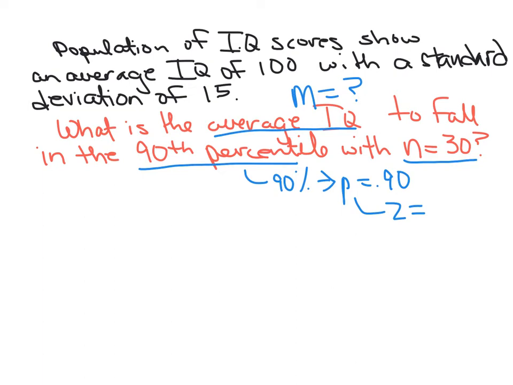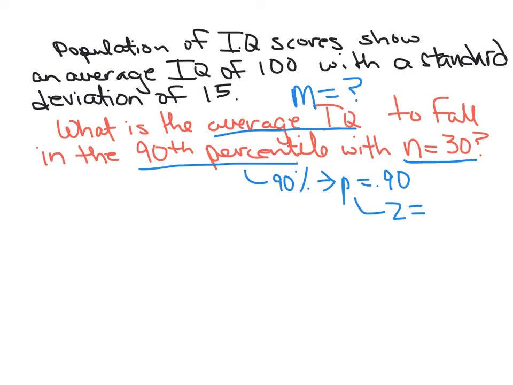So in your case, you're going to want to go, oh, 90th percentile also includes 50%. So you could either subtract the 50% from the 90% or just use that upper region, because either one would be okay. So you could subtract the 90% from 100%, which would be 10%.